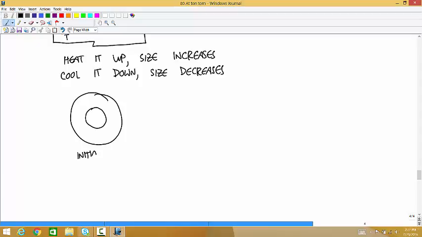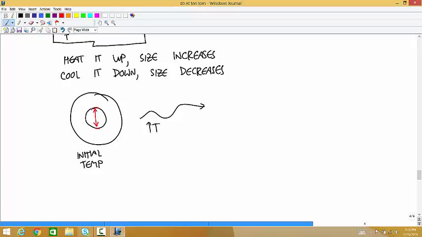If it looks like this at the initial temperature, and then you increase the temperature, what happens to the hole of the torus? You shrink. That is what half of the people seem to think is going to happen. And in a way, I can understand that thought process. But the fact is, this is a measurement that you could take before.